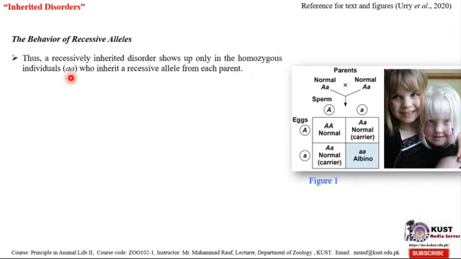Thus, a recessively inherited disorder shows up only in the homozygous individual. So a recessive disorder will only be expressed in the phenotype when both the copies are defective.